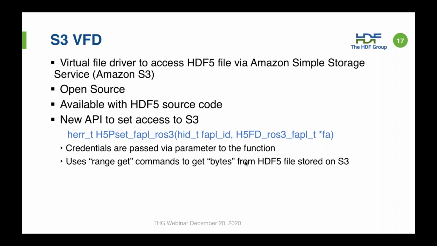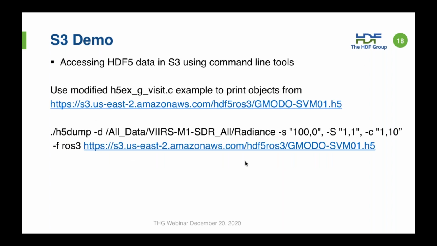It just transfers the offset and size of bytes to read, like we would read from a POSIX file system, into range get commands to get bytes from HDF5 stored in S3. It is expected that it's not high performing, but it gives you access to the file in S3 immediately, and more improvements are in the pipeline and roadmap for this driver.